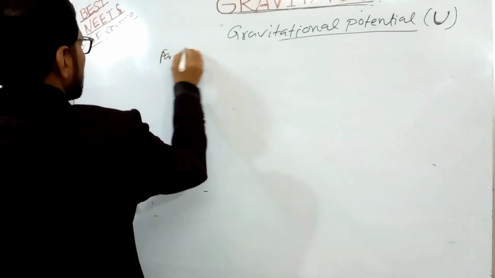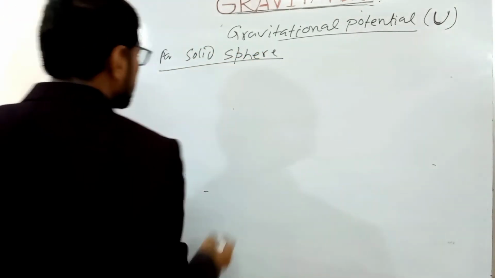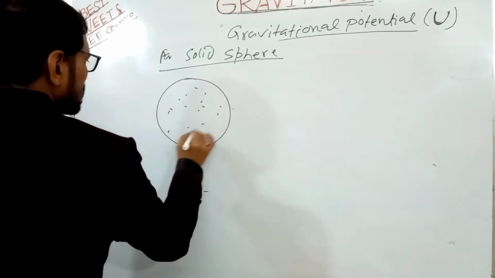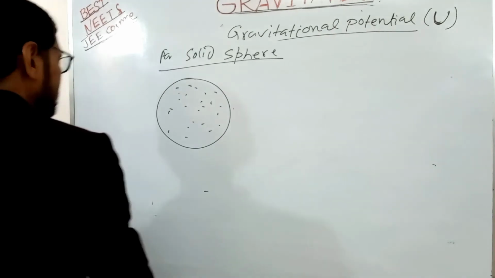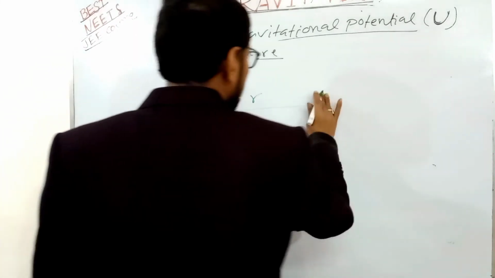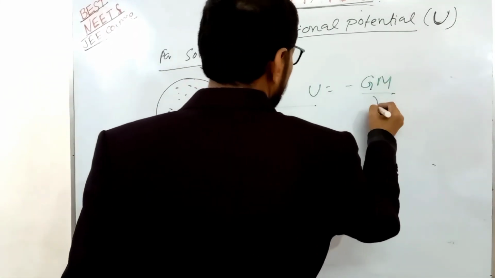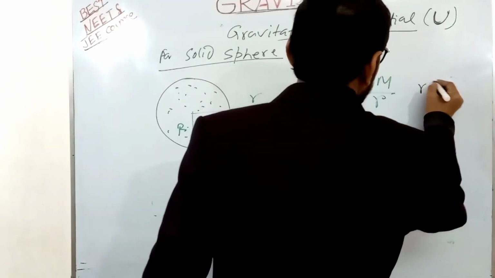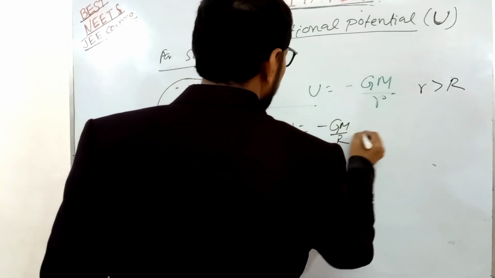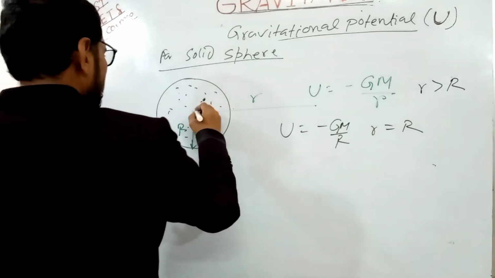Gravitational potential for a uniform solid sphere. Suppose this is R, and at a distance r, what is the gravitational potential? U equal to minus G M by r when r is greater than R, and on the sphere minus G M by R when r equal to R, and within the sphere this result becomes different.